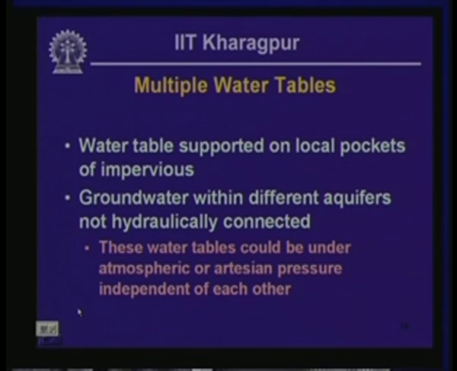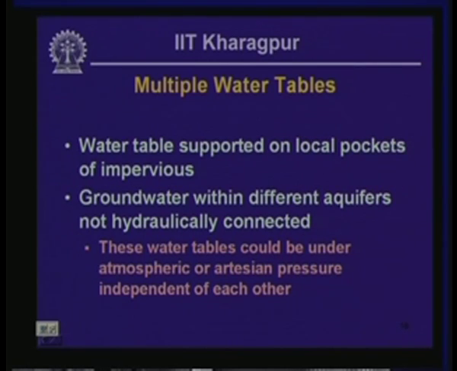You also should notice that there could be multiple water tables, because water tables can be supported on local pockets of impervious layers, and groundwater also can be conducted within different aquifers that are not hydraulically connected.